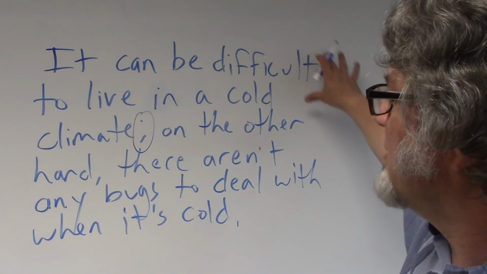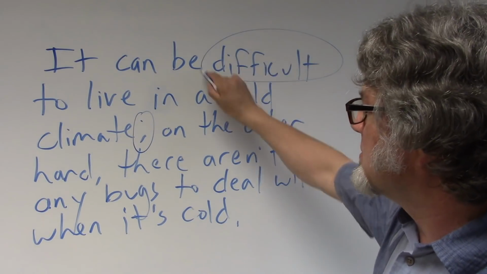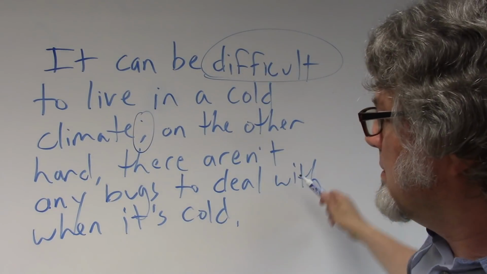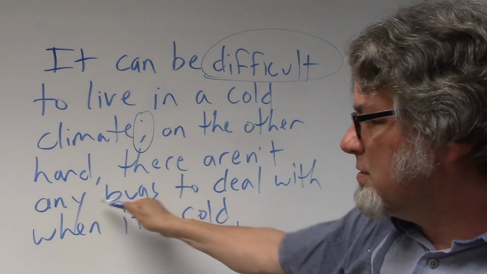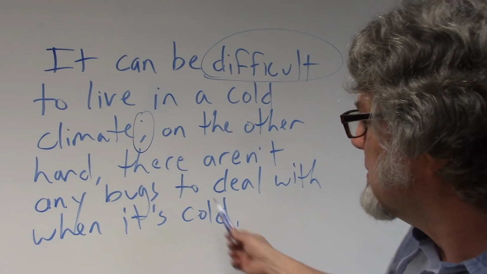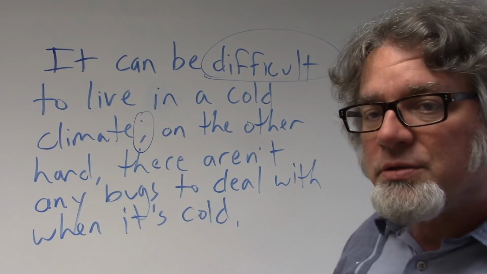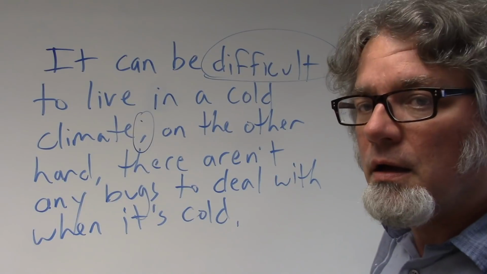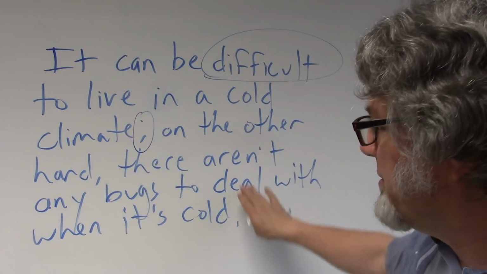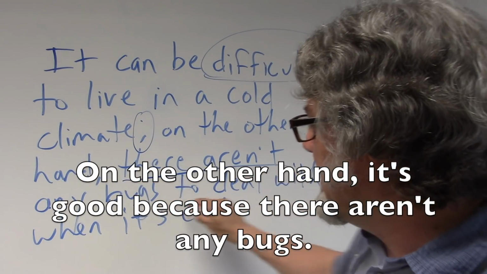So in this statement, the fact that it's difficult is mentioned, but then this is the good part about living in a cold place. There aren't any bugs. So this is what's good about it. On one hand, it's difficult. On the other hand, it's good because there aren't any bugs.